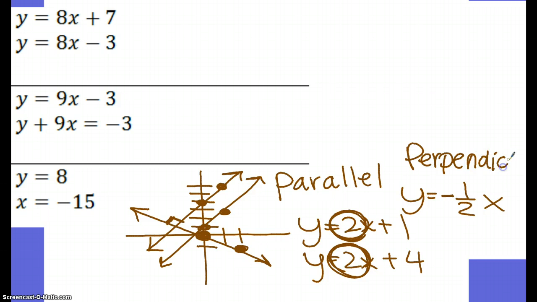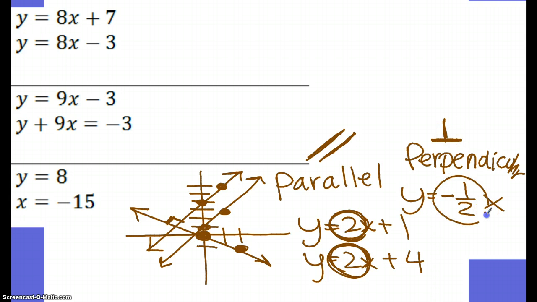So perpendicular, the symbol for perpendicular is an upside down capital T, and the symbol for parallel is 2 lines slanted. That's how we can remember parallel never intersect and perpendicular meet at a right angle.